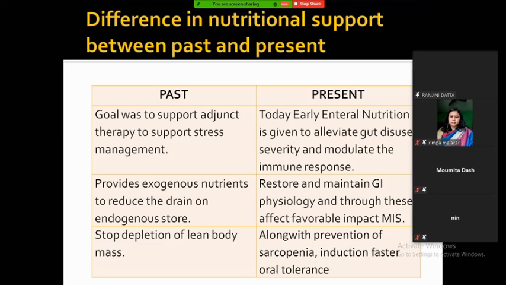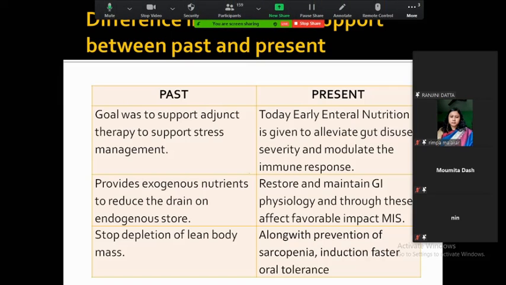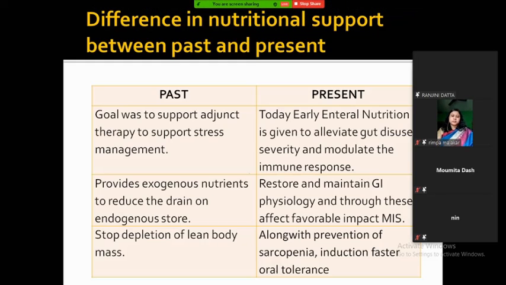Now, we all know that enteral nutrition is always advocated over parenteral nutrition. If we look at how nutritional therapy was viewed in the past and in the present, we could summarize it in the following points. Previously, nutritional therapy was an adjunct therapy which would support stress management.